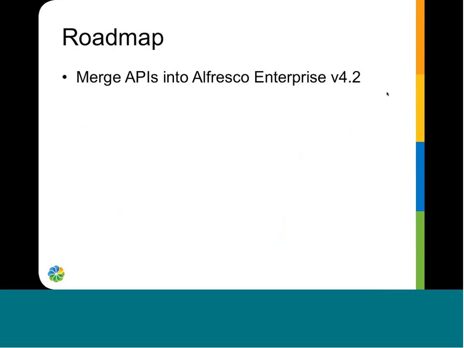So, in fact, work is already underway on this first item. We are moving or merging these APIs from the cloud into Alfresco Enterprise 4.2. So these REST APIs will be available in Enterprise 4.2, and you'll be able to write client apps that connect to either the Alfresco Cloud or the Alfresco Enterprise instance, and you'll have the same set of REST APIs or close to it.